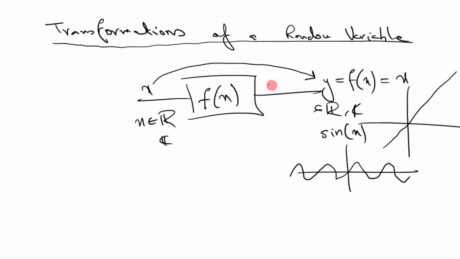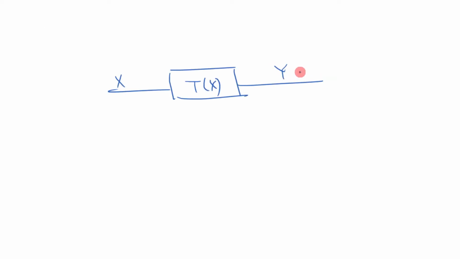Today, we are going to discuss a transformation in which, instead of real or complex numbers, we will have a random variable. If you apply the random variable in this function or transformation, we will have a random variable y due to this transformation.